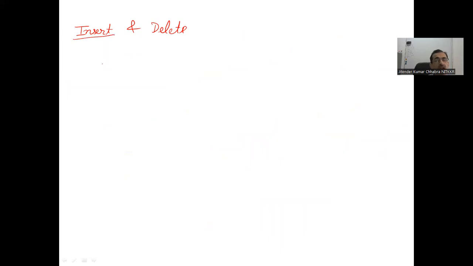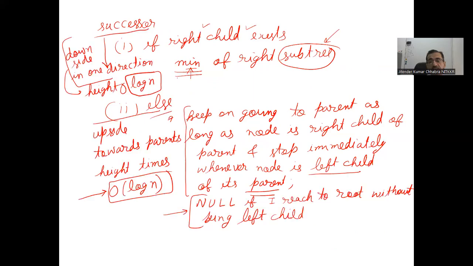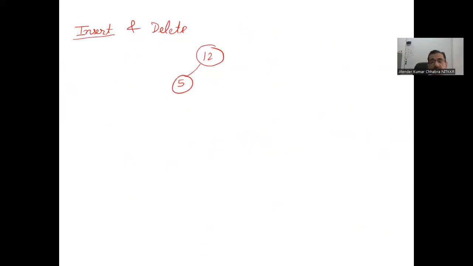Insertion. Let's say insertion is to be done. I have value 12, I have here 5, let's take the same previous data, so 15, 20, and so on. Now just see, let's say if I want to insert 13, I should not try to put it here.